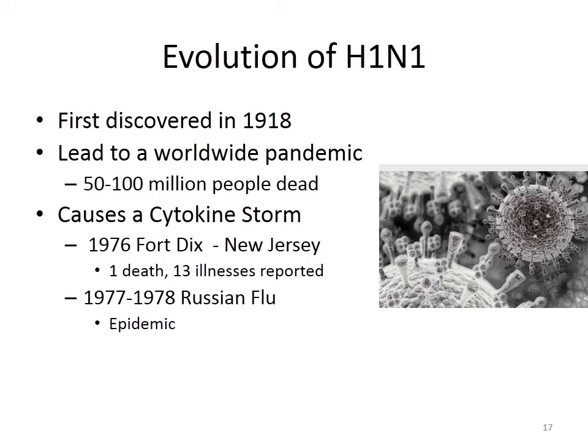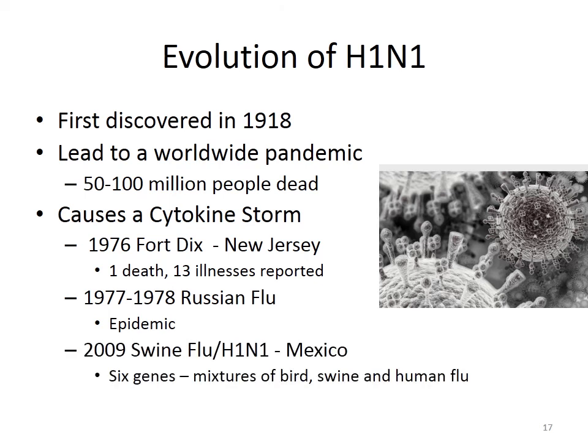And in 2009, primarily the epidemic was in Mexico, where you have the swine flu or H1N1, which is actually a combination of 6 genes, a mixture of bird, swine, and human flu. That's what made up this virus.